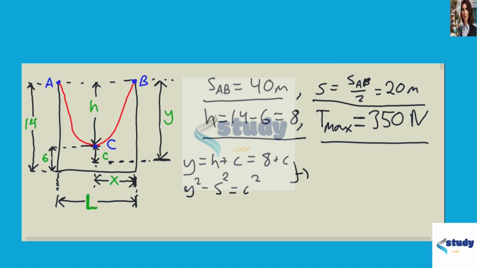And now when we combine the two equations, we get that (8 plus c) squared minus 20 squared is equal to c squared. Solving for c, we find that c is equal to 21.